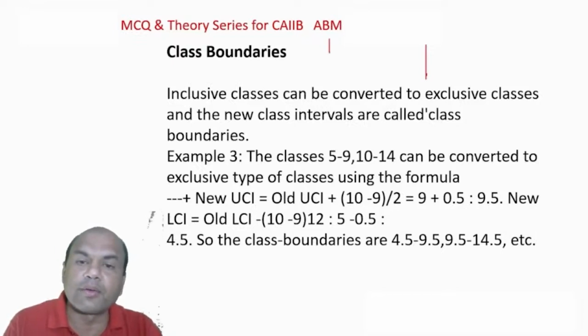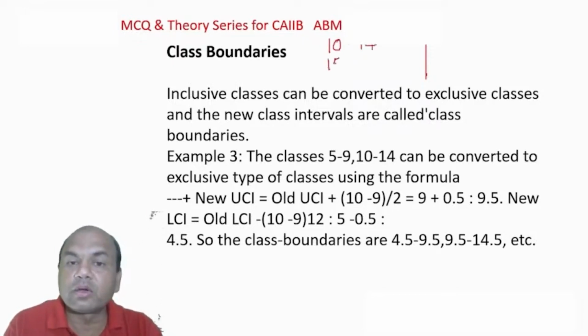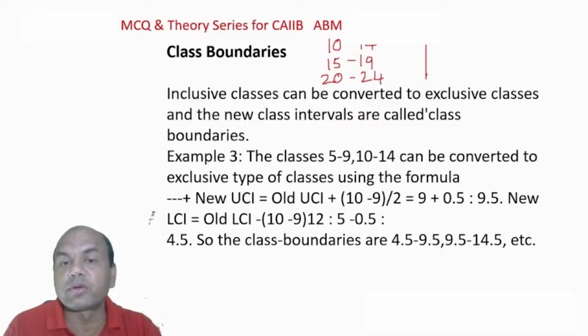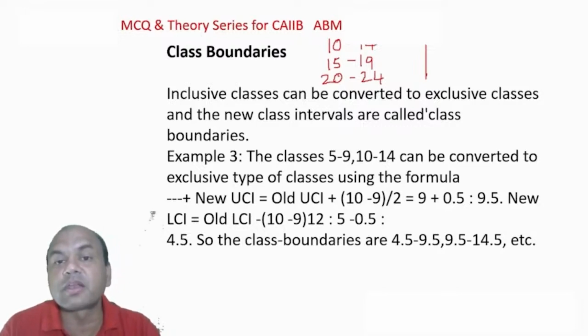10 to 14, 15 to 19, 20 to 24. Look at this. Both are inclusive over here. 10 is also included, 14 is also included. So suppose I get 10, where will I place it? In this group. Suppose I get 14, I place it in this group.